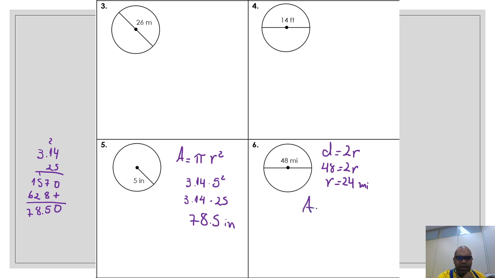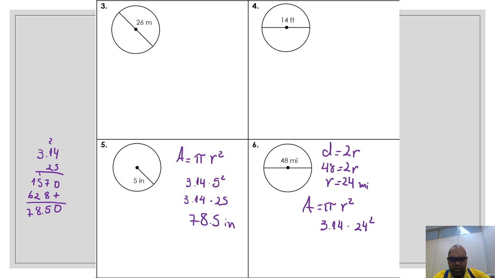The area equals pi number times radius square. Pi is 3.14. Radius square, it is 24 square. Oh, mister, this is so hard. Okay, let's use the calculator. 24 times 24, that's the meaning of 24 square, it is 576. Times 3.14, because it is our pi number.